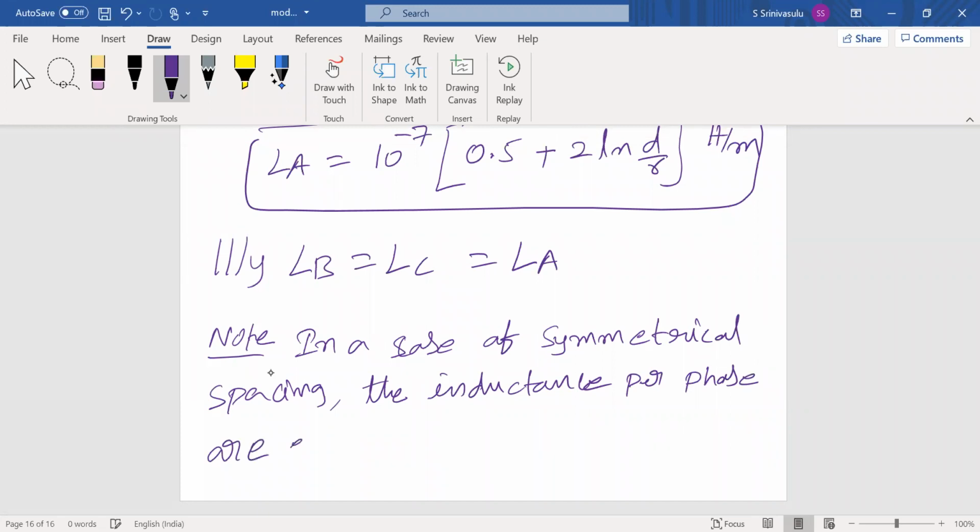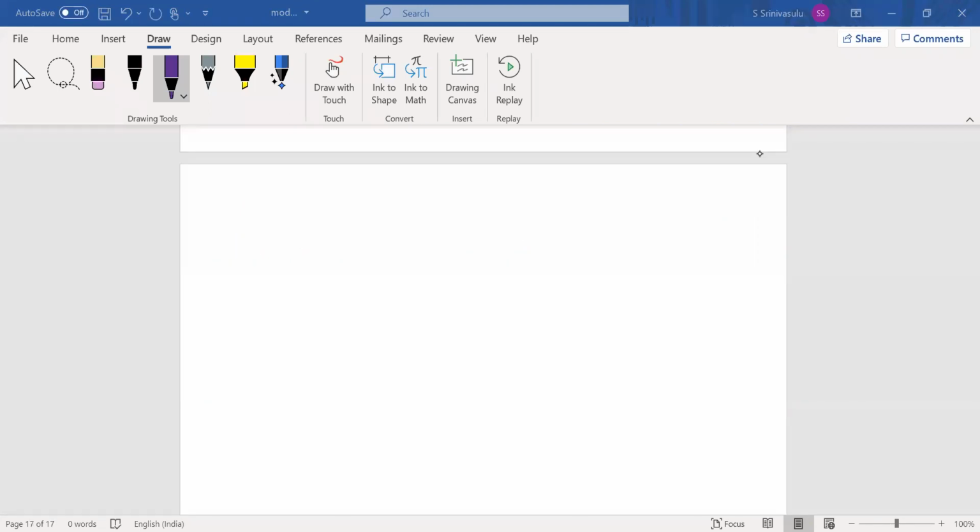L_A equal to L_B equal to L_C, so that you can substitute any one. Now this is about the inductance of conductor A due to unsymmetrical spacing.